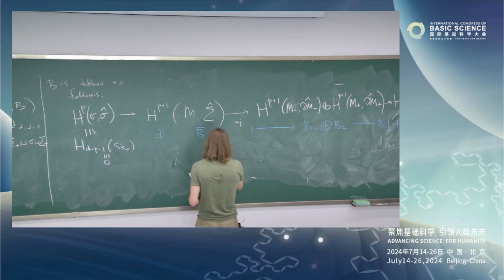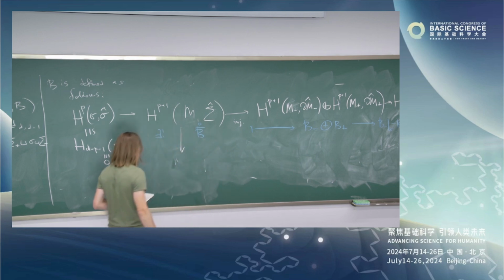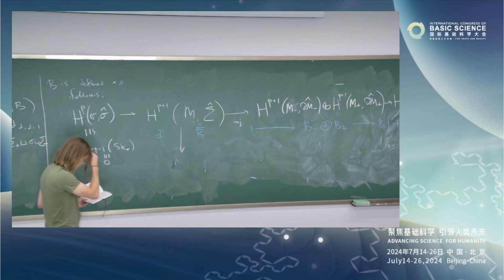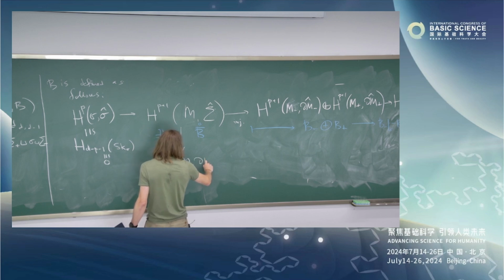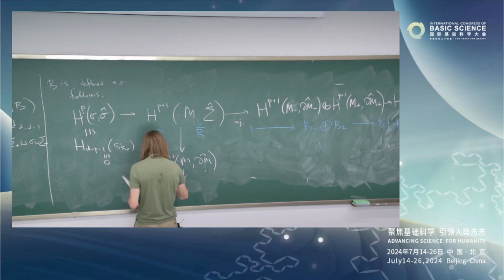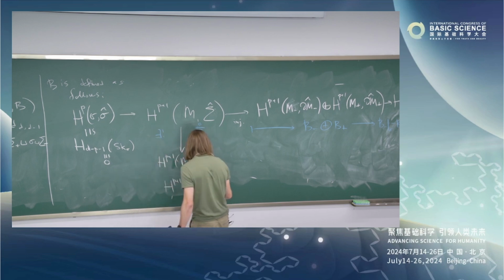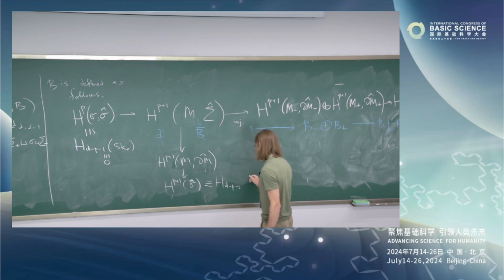And we can also consider this sequence of relative cohomology groups. So here we go to H^(p+1), and from this we go to H^(p+1) of sigma hat. And again, one can show this is 0, because this is H^(d-p-2) of sigma relative to the skeleton in sigma.